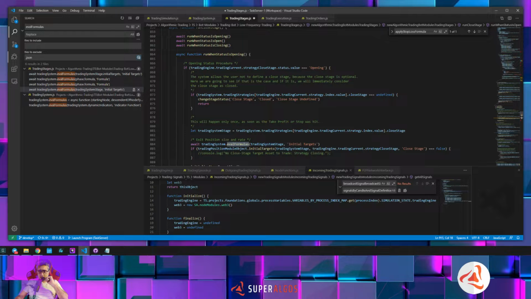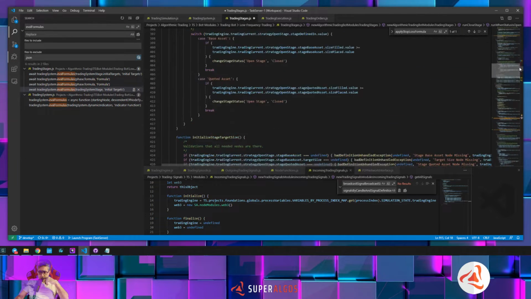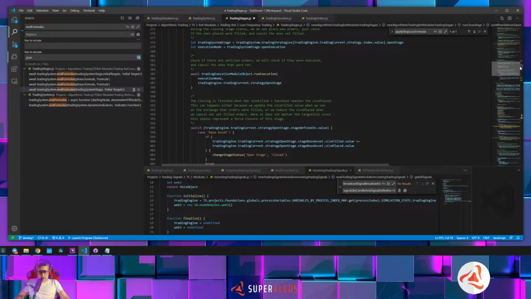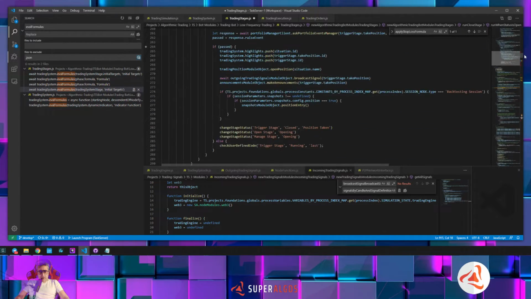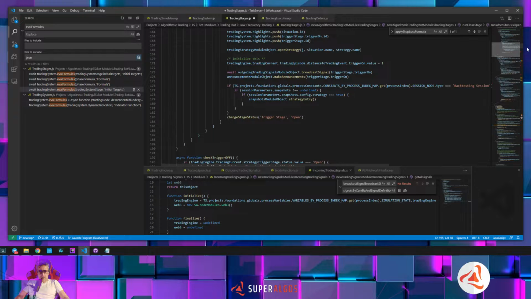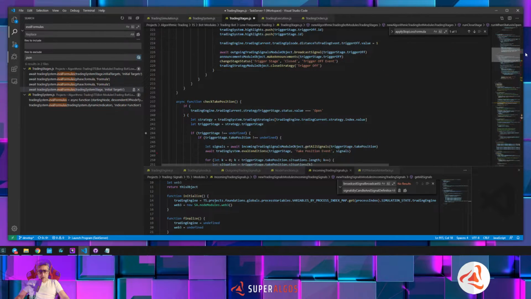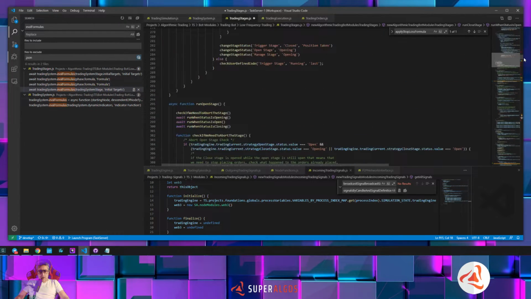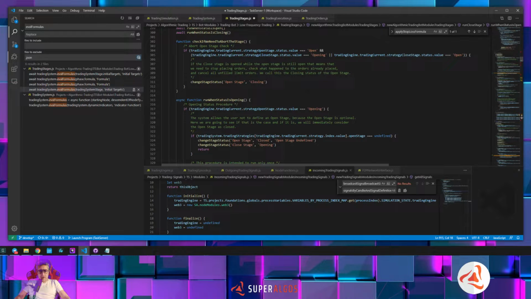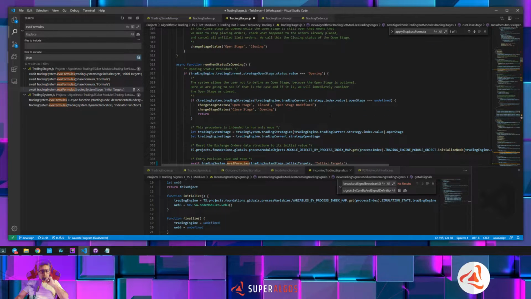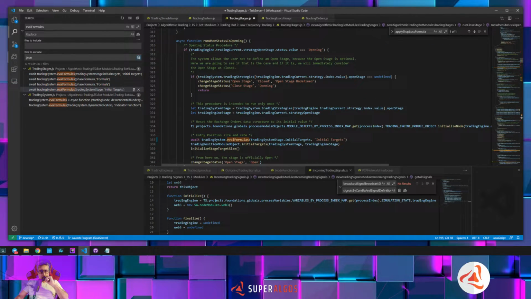This is run when it's opening. Run at the open stage. Okay, run when it's opening, yes.